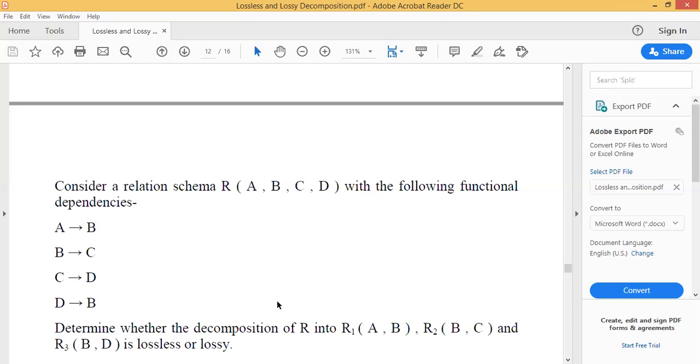Here a relation R holds four attributes A, B, C, D with the following functional dependencies: A determines B, B determines C, C determines D, and also D determines B. Determine whether the decomposition of R into R1 (AB), R2 (BC) and R3 (BD) is lossless or lossy.